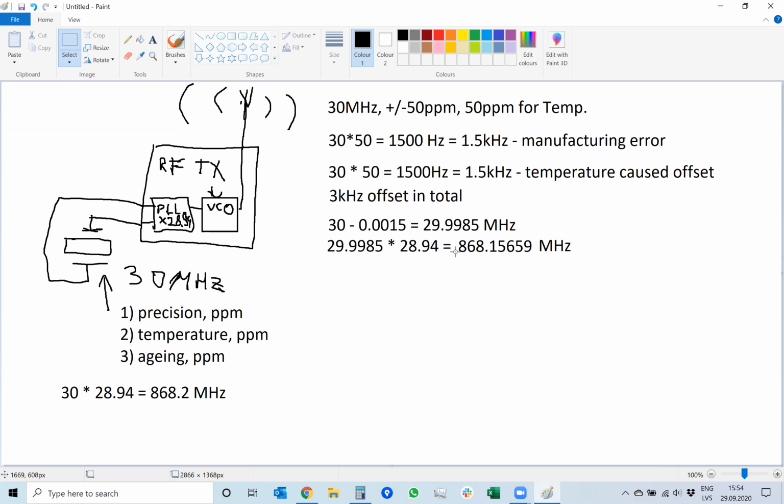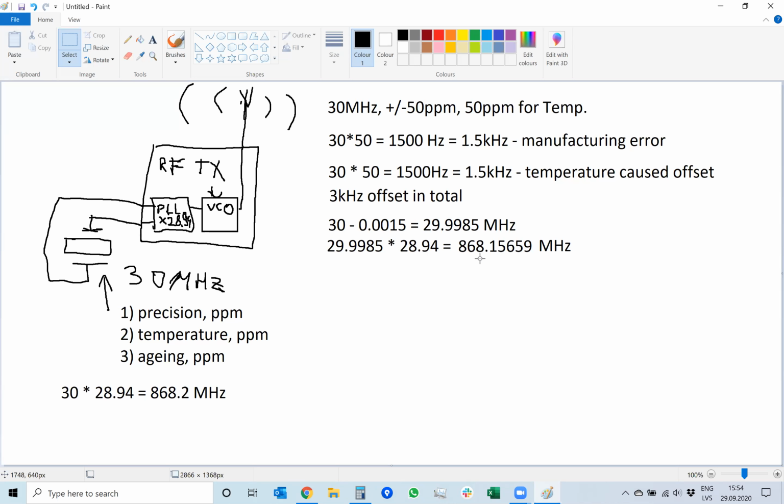So the transmitter is sending at 868.15659 megahertz. The receiver is built similarly. It listens to the signal and it's tuned to the center frequency. It filters out all the sidebands, otherwise it would hear all the possible frequencies in the world and not know which signal is intended for the receiver.